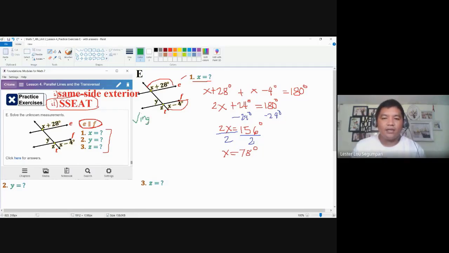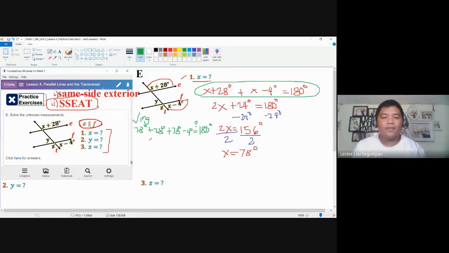And by checking, we need to use the equation here brought about by the theorem. So substitute 78 degrees plus 28 degrees plus another 78 degrees but minus 4 degrees. Will it yield 180 degrees?